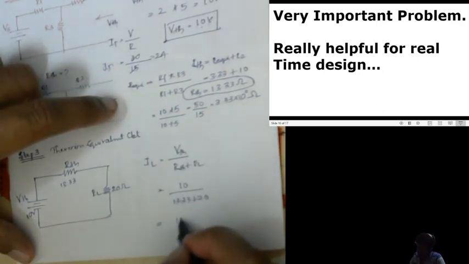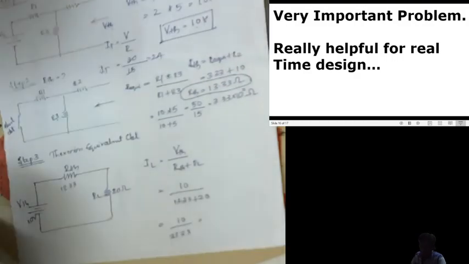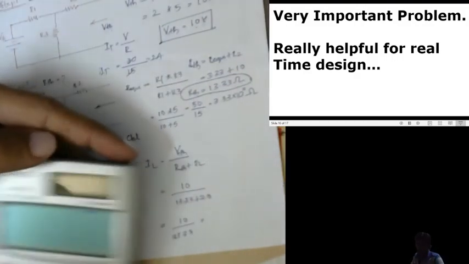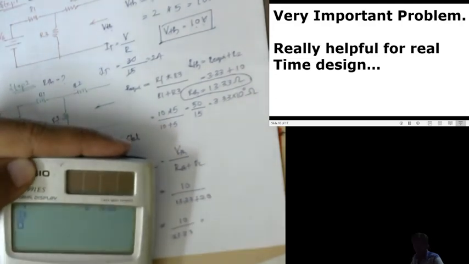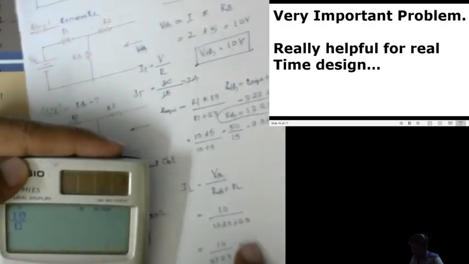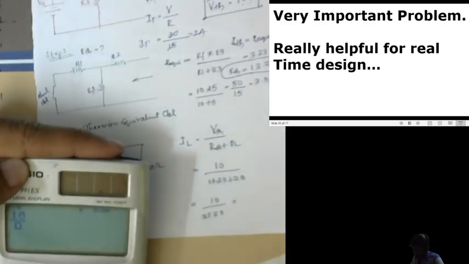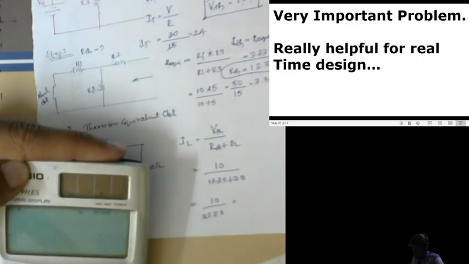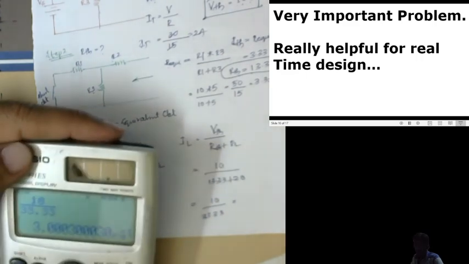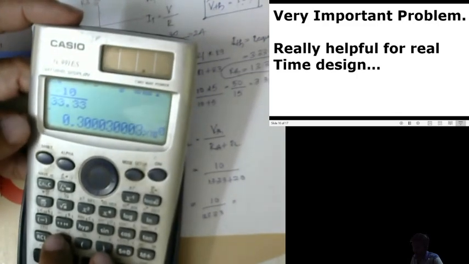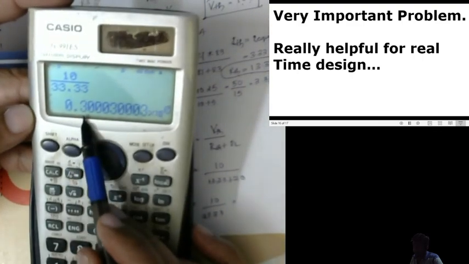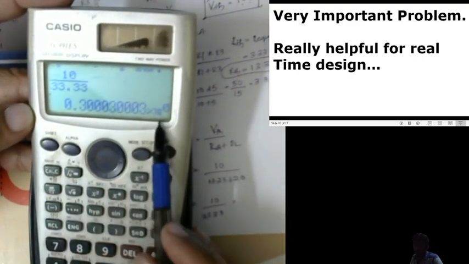Now 10 divided by 33.33 is 0.3 into 10 to the power of 0.